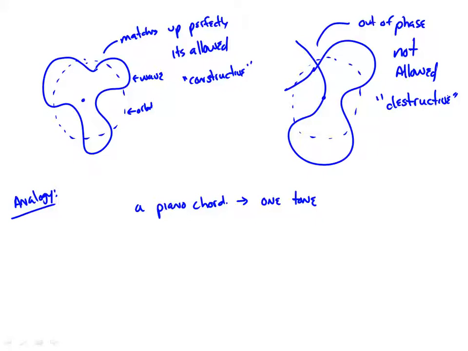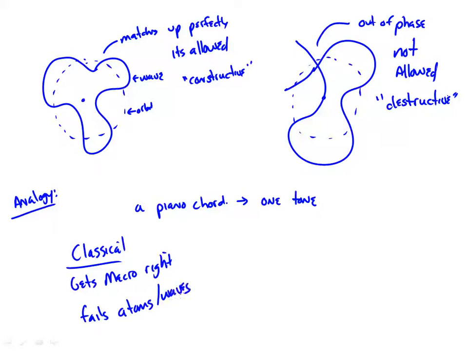And so one of the things that quantum mechanics does great is it explains things on the size scale of an atom or an electron very well, and then degrades naturally into what we think about as our macroscopic view of the world. Whereas if we do our macroscopic view of the world and try to apply that to something as small as an electron or an atom, it fails spectacularly. And so one of the things that we can say about classical is, it gets the macro right, and it fails for the microscopic.